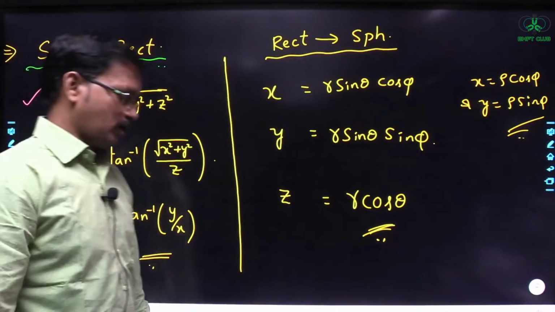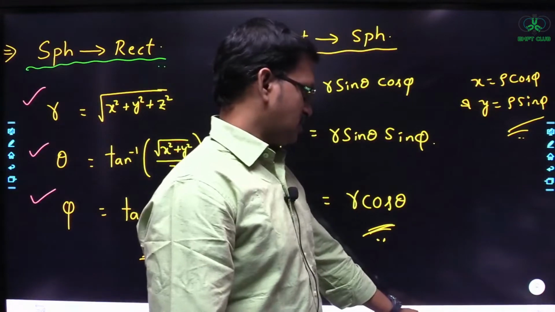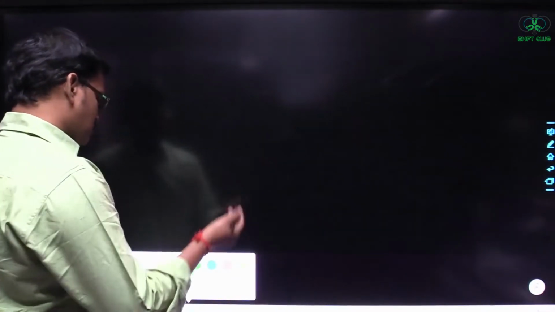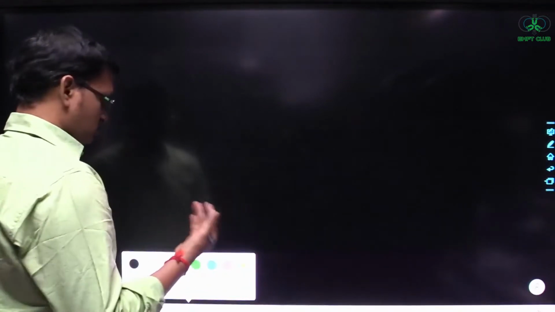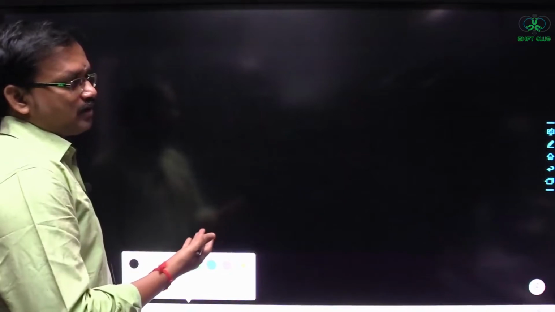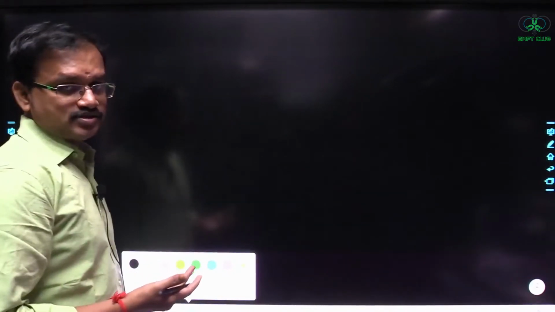So after this, whatever steps we followed in the cylindrical coordinate system, in the same manner we are going to develop in the spherical coordinate system also.